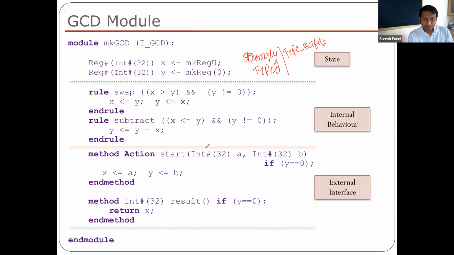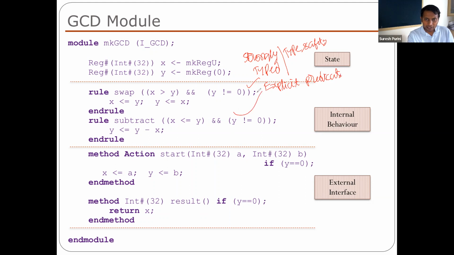But then we have seen in the last class, there are implicit predicates and explicit predicates. This predicate here is an explicit predicate. That is, it's very clearly given that this rule can fire.